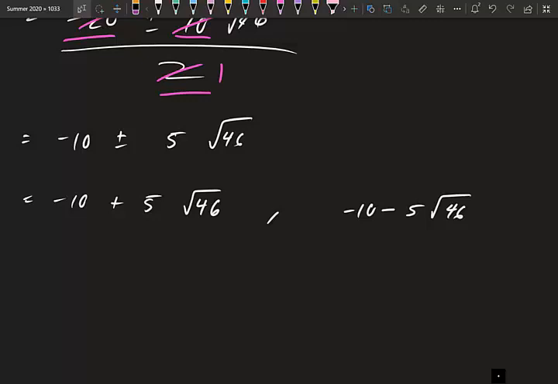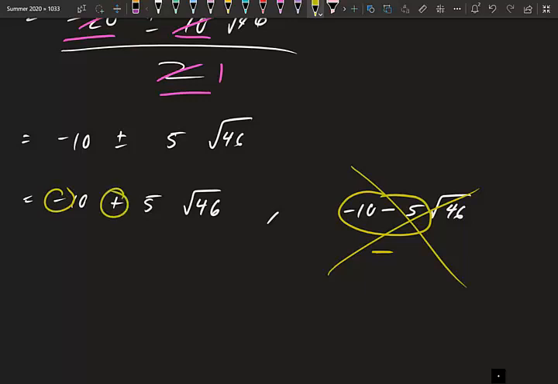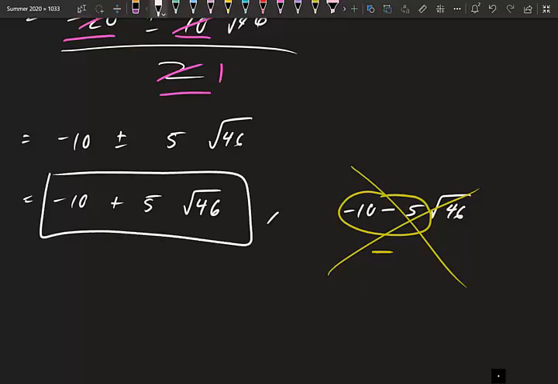So we're going to figure out which one is positive and which one is negative. Negative and negative, isn't it going to be negative? So this is not a solution because distance is never negative. But here we have negative positive, so it has the chance to come out positive, and it does. So the only answer is negative 10 plus 5 square root of 46.